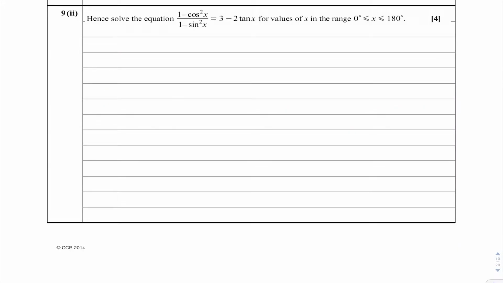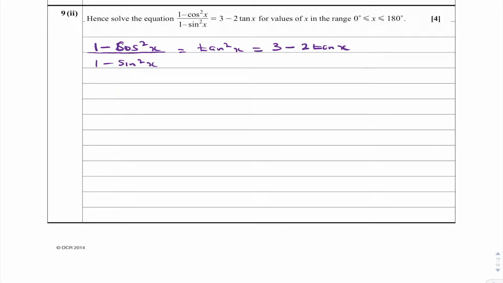Question 9, part 2. Hence, solve the equation 1 minus cos squared x over 1 minus sine squared x equals 3 minus 2 tan x. From the last expression identities, we saw that this equals tan squared x, which is now equal to 3 minus 2 tan x.